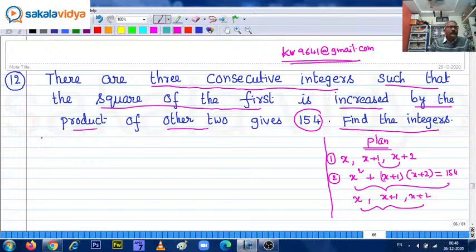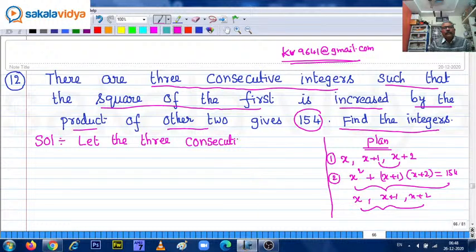Okay. Solution. Let the 3 consecutive integers be x, they differ by 1 only, x + 1 and x + 2.